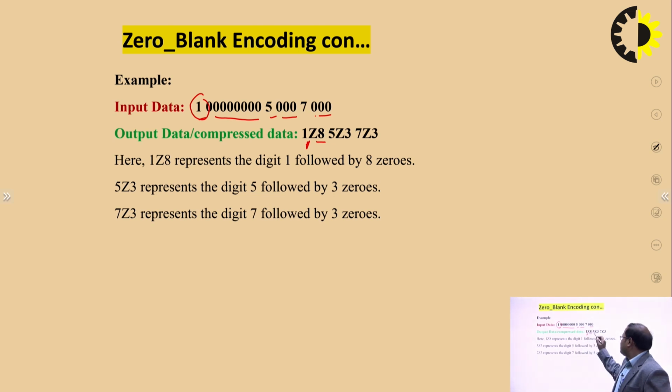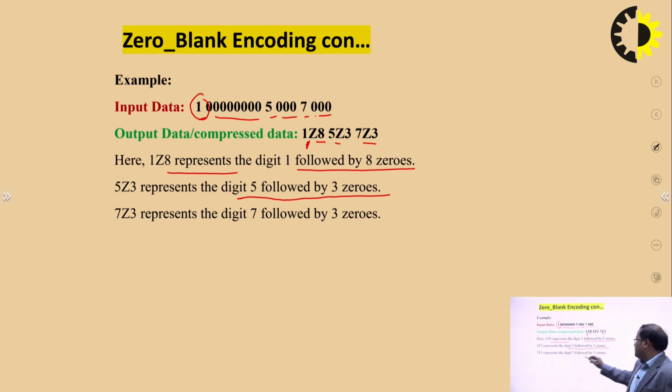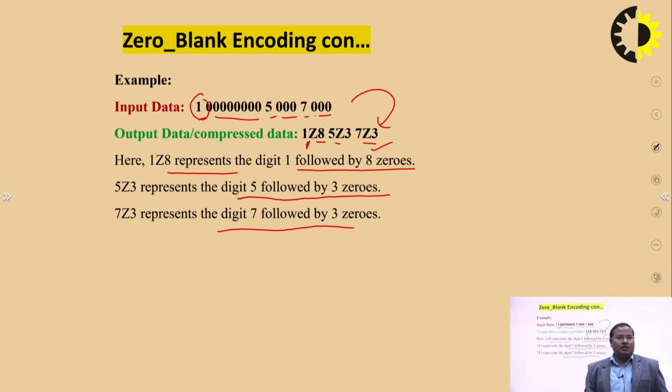Then 5 followed by 3 zeros, so 5Z3, and 7 followed by 3 zeros, so 7Z3. So 1Z8 represents the digit 1 followed by 8 zeros, 5Z3 represents the digit 5 followed by 3 zeros, and 7Z3 represents the digit 7 followed by 3 zeros. So this input data after compression will be this, and clearly the size is reduced here.